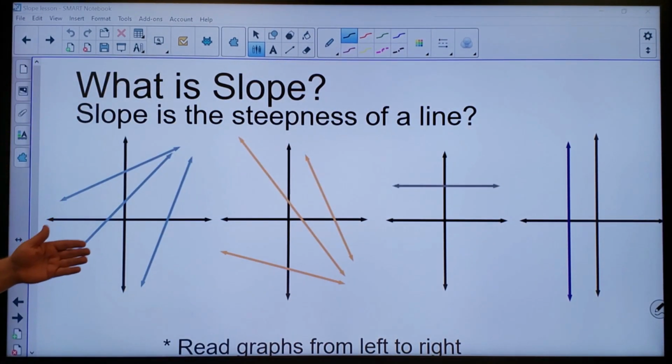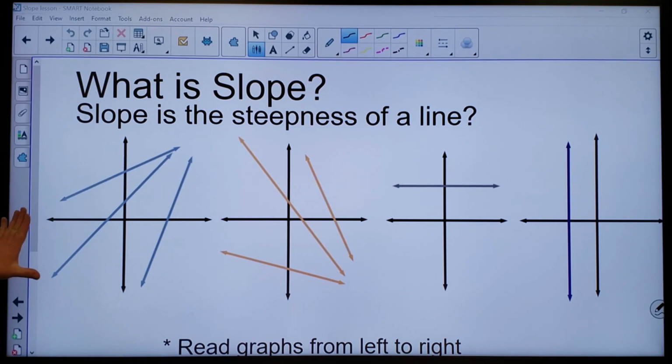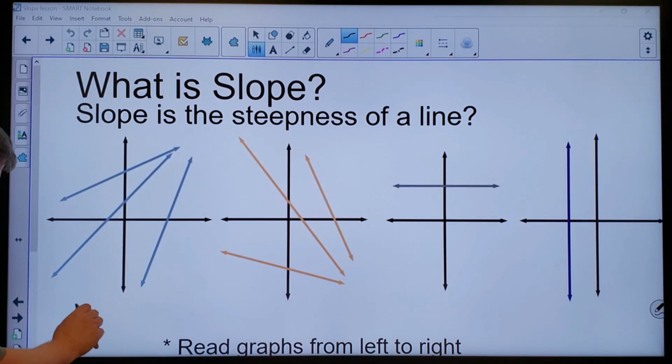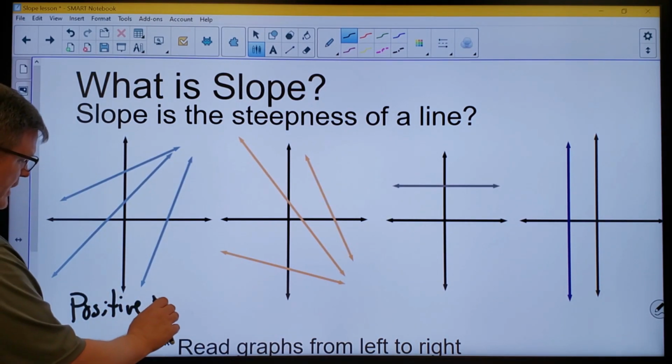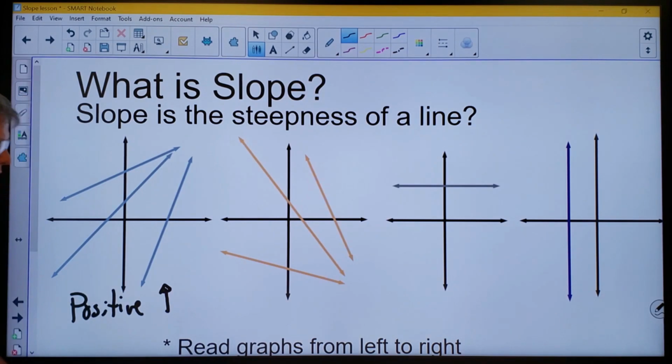So on this particular graph, we're starting at the left-hand side, and as we move across the graph, what's happening to the lines? They're increasing. Each one of these is increasing, and we would say that that has a positive slope. It is increasing as we move across the graph.